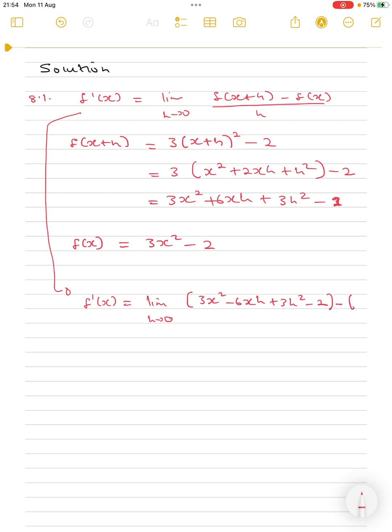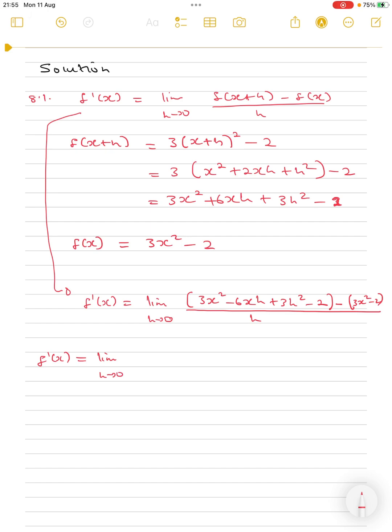What is f at x? It is 3x squared minus 2. Then we divide this by h. Okay, then you have f prime of x that is equal to the limit as h approaches 0.